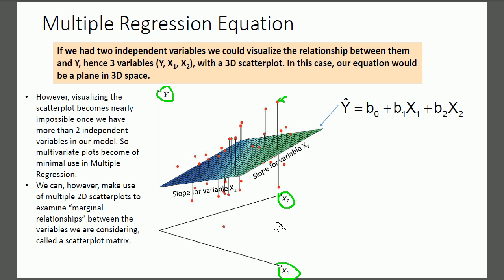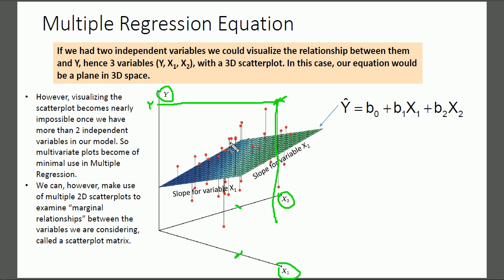Let's say it's very hard to see. So if we went x1 this far and x2 this far, we would go up straight, hopefully, and we would get the y, the observed y, for this particular observation.